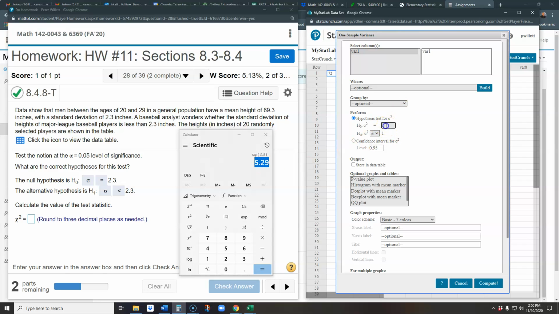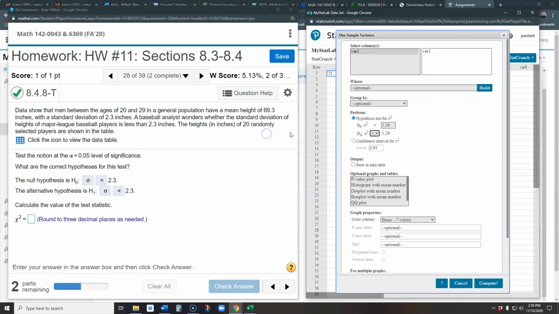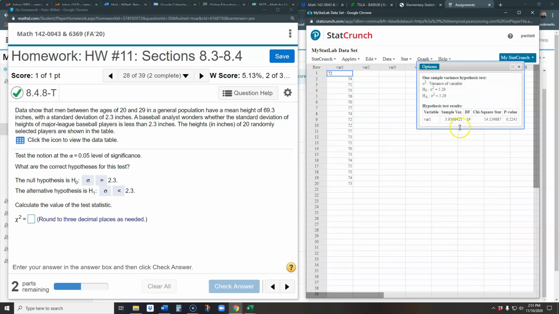In our variance test, the null hypothesis is that the variance is 5.29, and the alternative is that the variance is less than 5.29, which is equivalent to these statements about sigma. But the test is run with the variance. So I choose the column for our data, I give it my hypothesis test in terms of variance instead of standard deviation, and then I compute.